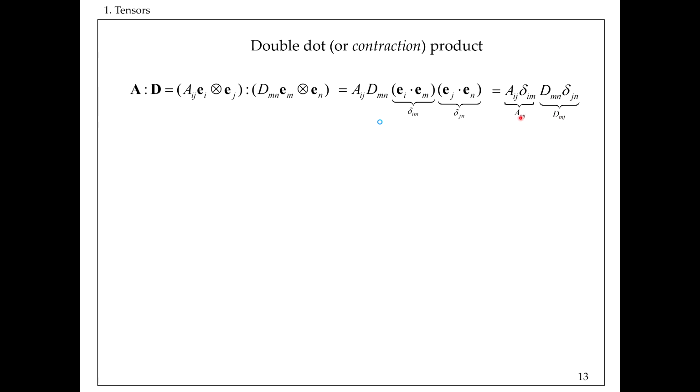So this is just a number, it's just a scalar. Again, the double dot of AD is this rather long sum of the components, and you can see the repetition of this m and j as the indexes, as the summation goes.